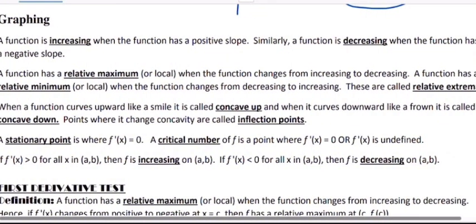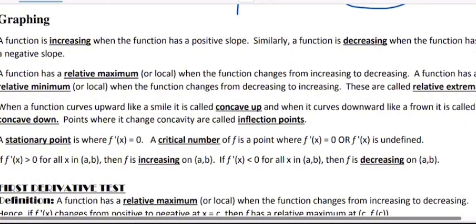Then we can also have a situation where the function curves upward. When it curves upward, we call that concave up. When it curves downward, we call that concave down. A point where it changes concavity is called a point of inflection.